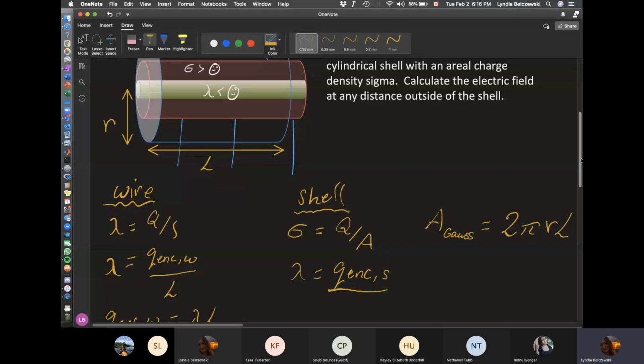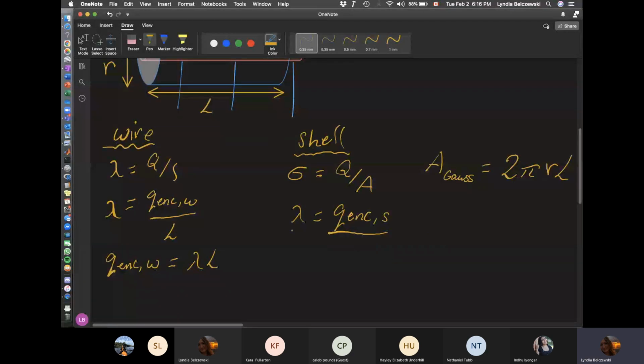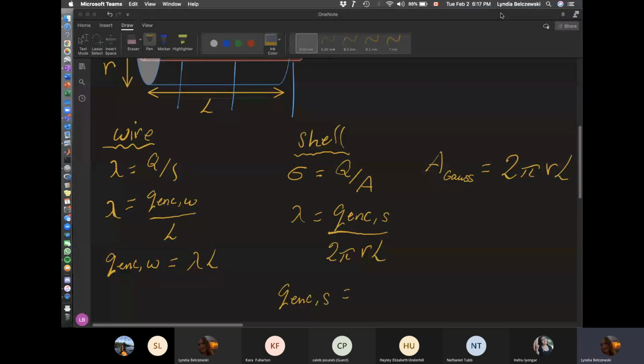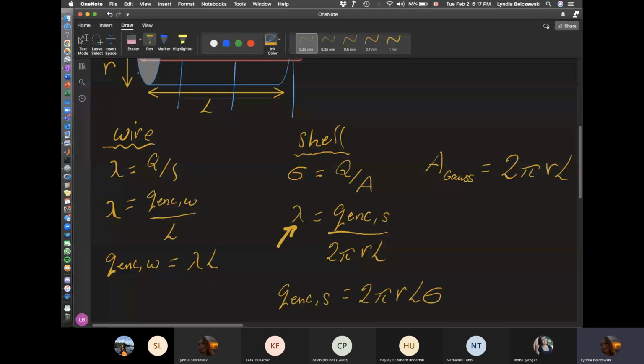So coming back to the shell and figuring out the enclosed charge from the shell, we'll have the enclosed charge divided by 2 pi rL. And the charge on the shell that's enclosed, I should say it that way, is going to be equal to 2 pi rL times sigma. I wrote a lambda there by accident, but no, that should definitely be sigma.